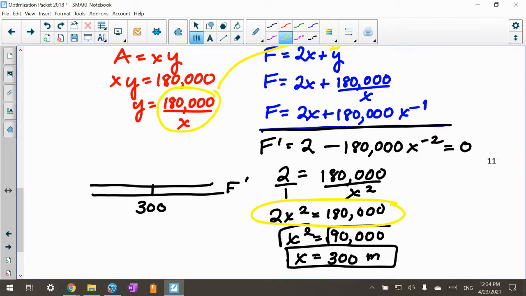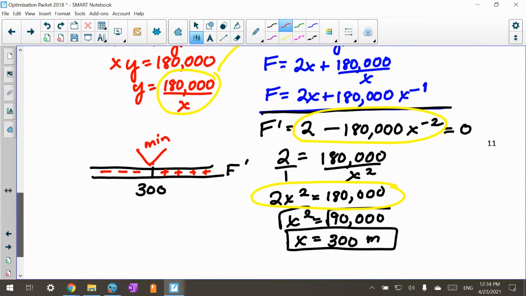So if I go to the left of 300, we'll say 200 or whatever, or 100 you could use, you're going to see that you're going to get negative numbers here. If I go to the right of 300, I'm going to get positive numbers. Therefore, this is my first derivative test. This is a minimum. So that is the minimum for the fencing.